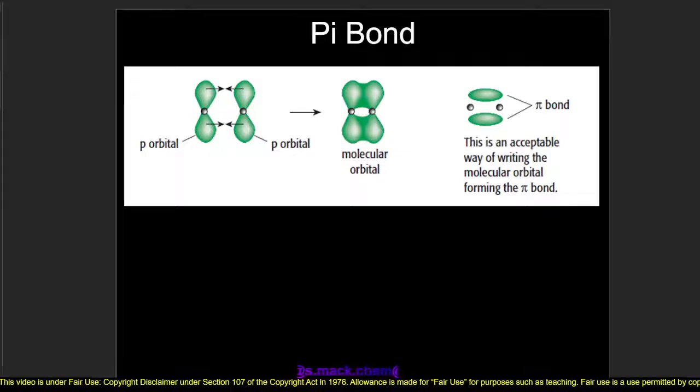This electron density distributed above and below the internuclear axis is considered to be asymmetrical. When we say asymmetrical, this means it is not evenly distributed about that internuclear axis. So there would be a node, and a node represents an area where there will be zero electron density. We're going to look at the significance of this sideways overlap, which results in electron density, which is asymmetrical.